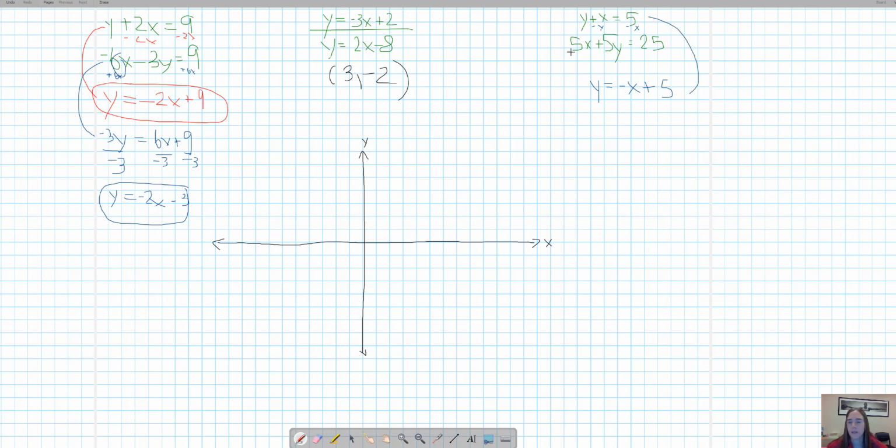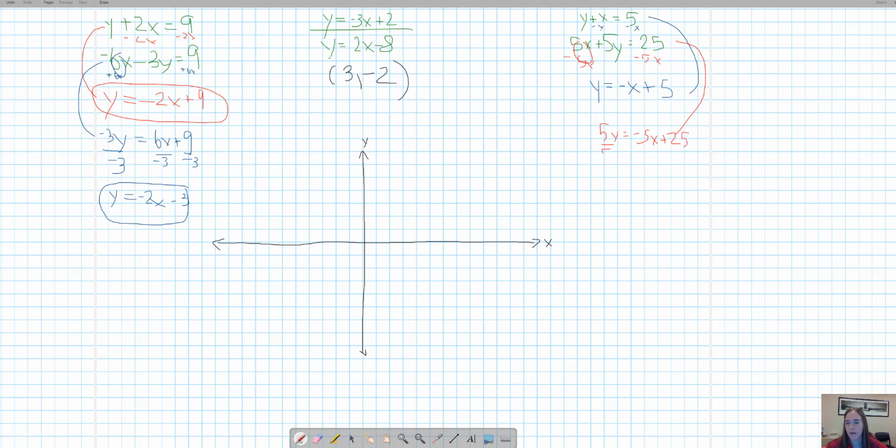And then for the second one, we're going to subtract 5x on both sides. And that's going to be 0. So I'm going to have, this is going down here, 5y equals -5x plus 25.